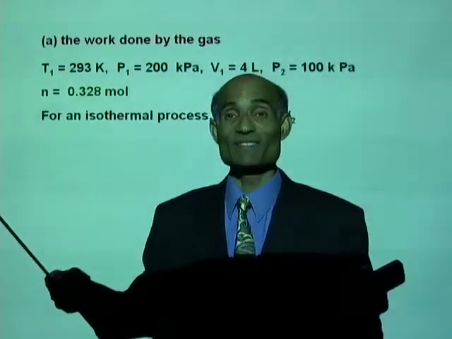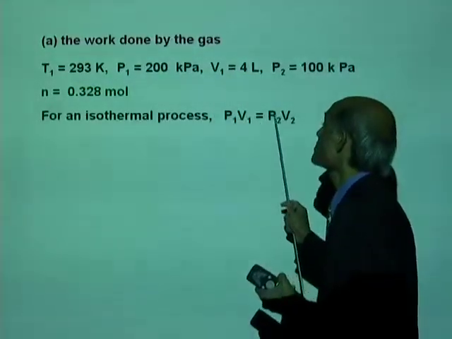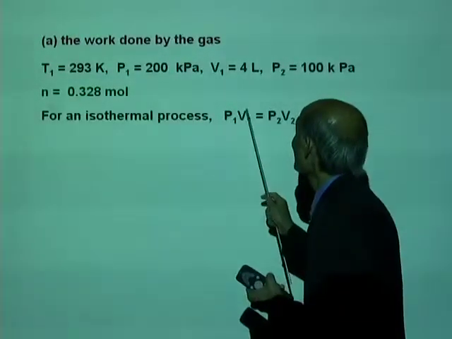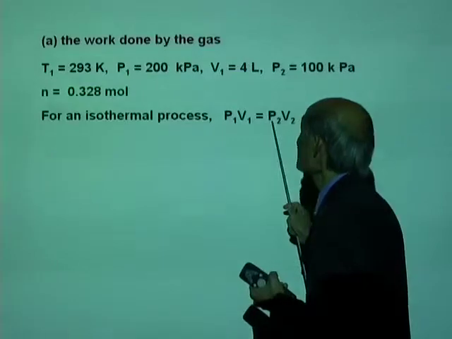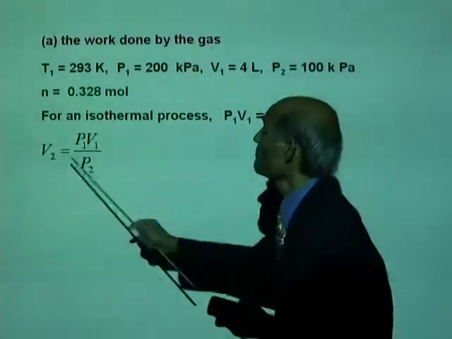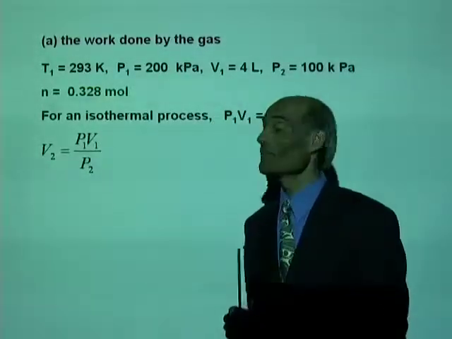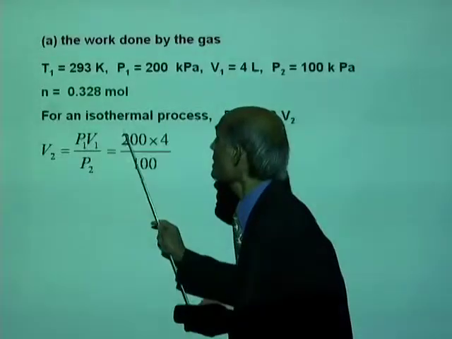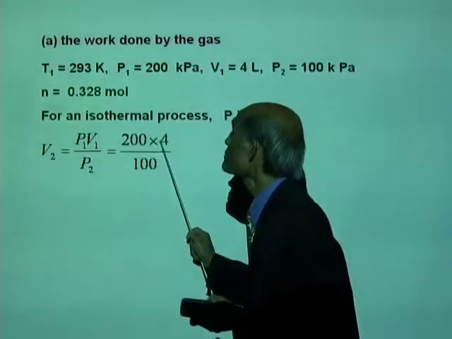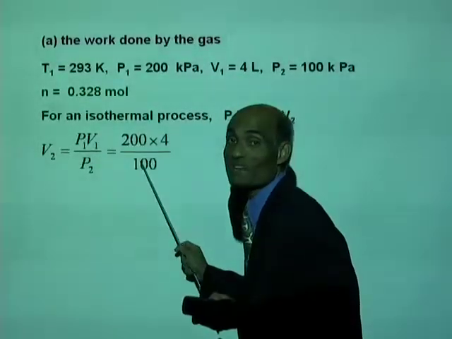PV is a constant. What does that mean? It means P1 V1 equal to P2 V2. Well, we know P1, we know V1, we know P2, therefore we can find V2. So V2 is P1 V1 divided by P2. And now P1 is 200 kilopar, V1 is 4 liters, P2 is 100 kilopar.